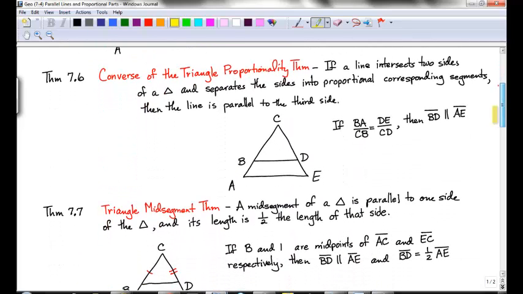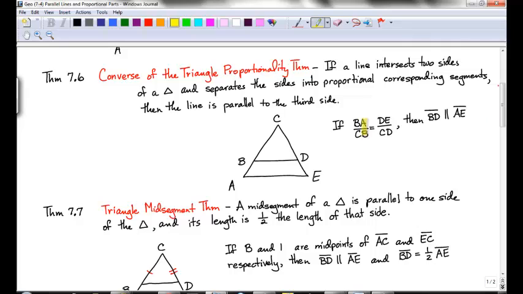Okay, the next part, Theorem 7.6. That's the converse of the triangle proportionality theorem. If a line intersects two sides of a triangle and separates the sides into proportional corresponding segments, then the line is parallel to the third side.